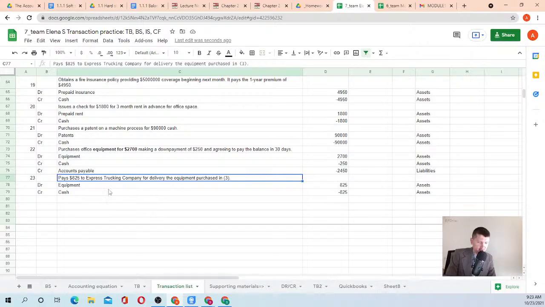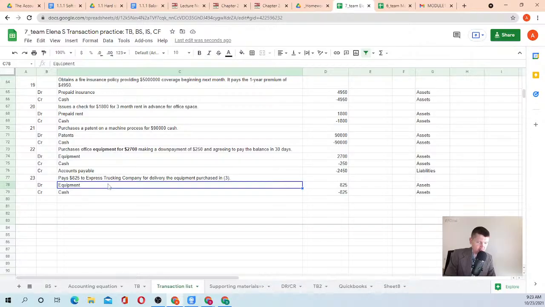So for that reason, there is an accounting standard which says that when we buy equipment and we have some installation, delivery, and other costs related to bringing that equipment to working condition, we need to capitalize all those costs as a cost of fixed assets.